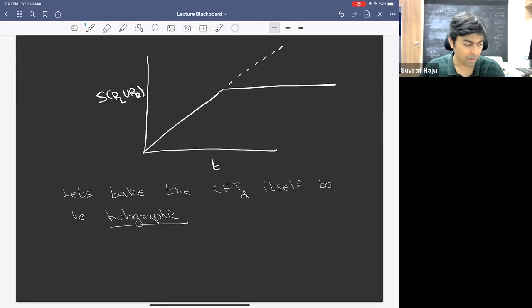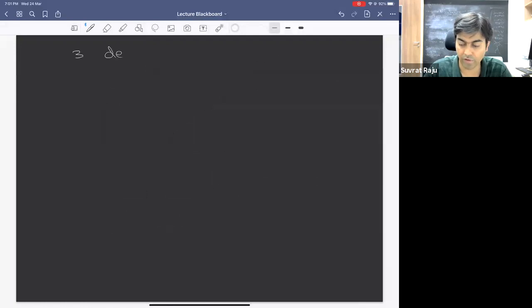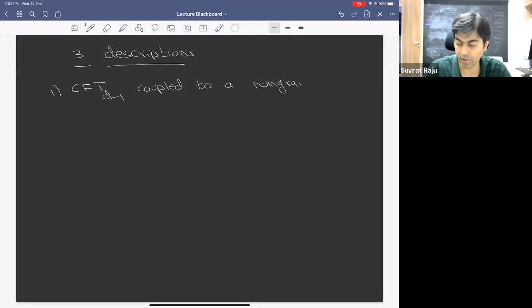Okay. Now, when this happens, we find that the systems for which I've been drawing two pictures, one a non-gravitational picture and one a picture with a dual, actually have three descriptions. The first is the description which we had unchanged, which of course remains valid whether or not the CFT_{d-1} has a holographic dual: a CFT_{d-1} coupled to a non-gravitating CFT_d bath.